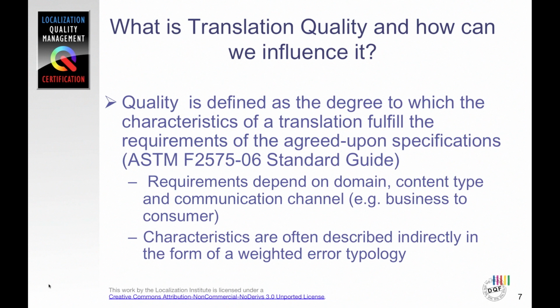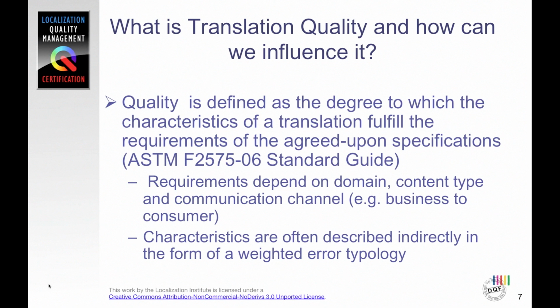Now it's clear here you need to get an understanding of both the characteristics of the translation, which are relevant here, and what are the specifications, the requirements. The requirements, as we will see in this program, depend of course on the domain covered, the content type, and communication channel.